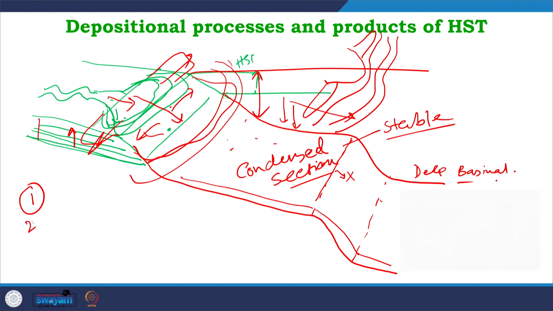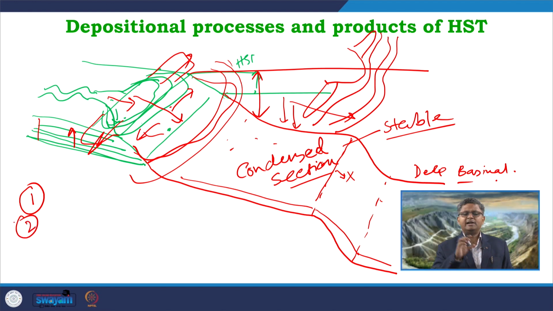The second criterion, the delta plain. As the fluvial system is coming into the tidal regime, into the wave regime, there we get the delta plain system, and this delta plain is also a kind of fluvial system itself, facing similar aggradation and progradation. If I look at the delta front area, the delta front is prograding.